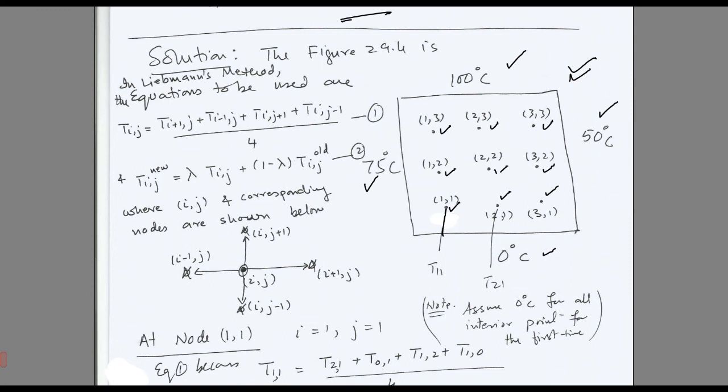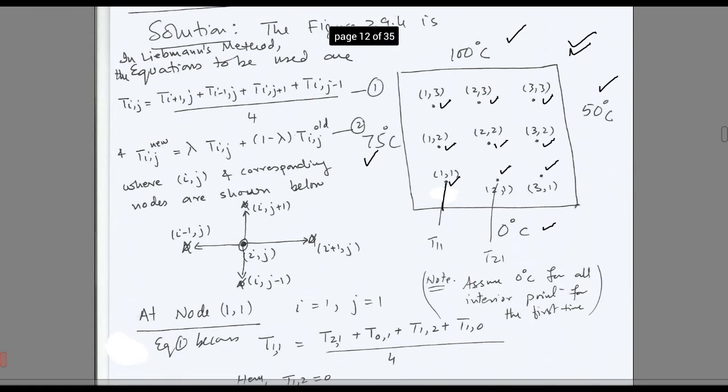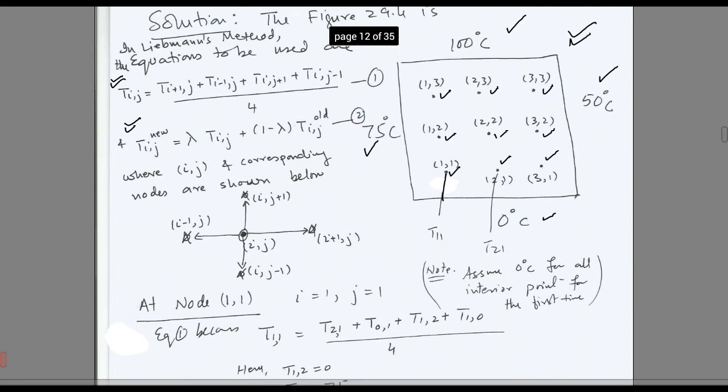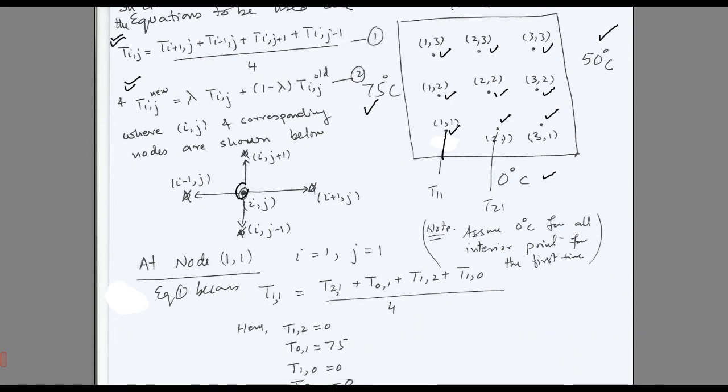So the procedure is that we will apply equation 1 and equation 2 on every node, one after the other. If we are talking about the point i,j, going towards the right it will be i plus 1, j, and to the left it will be i minus 1, j.